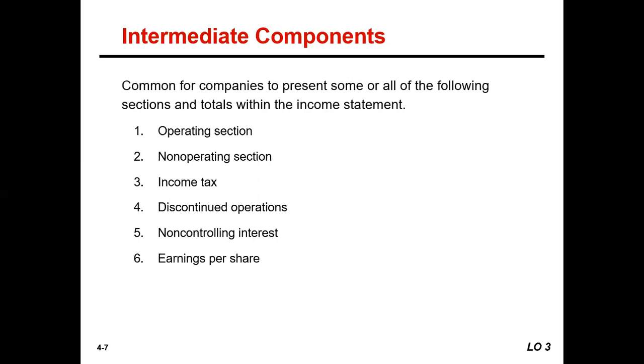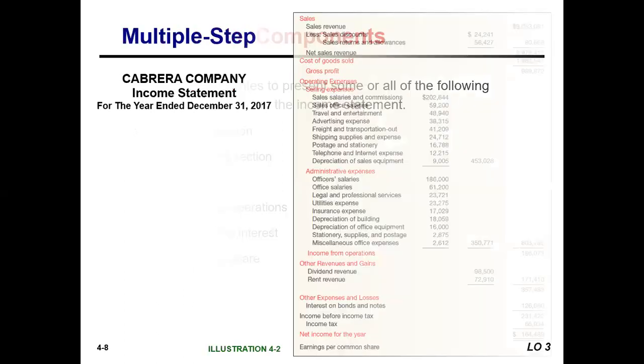And then we would have income tax, and then we would show earnings per share. So 1, 2, 3, and 6 are applicable to every company's, every corporation's income statement. Number 4, discontinued operations. Number 5, non-controlling interest. These are not necessarily applicable to every company. So these would only be included on an as-needed basis, if it's applicable to the company, they'd be included on the income statement as well.